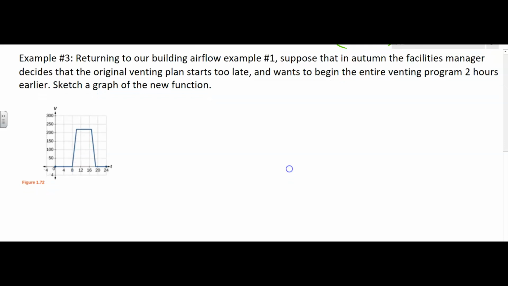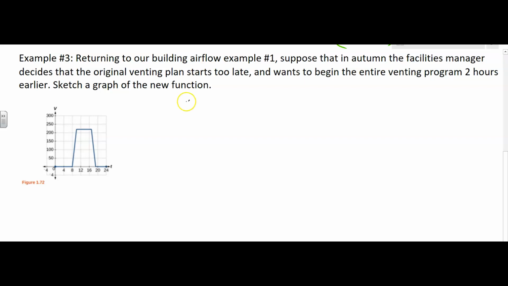Okay, so now we're going to go back to our example that we had in example 1, the air vents. Suppose that in autumn the facilities manager decides that the original venting plan starts too late and wants to begin the entire venting program 2 hours earlier. Sketch a graph of the new function. So think about it this way.